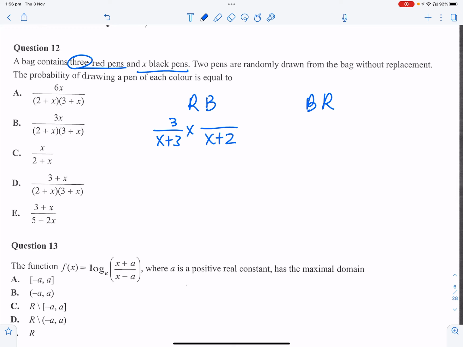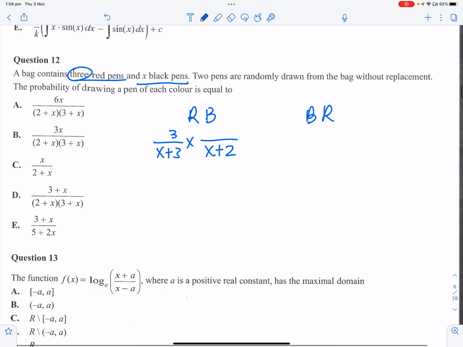And the number of black pens is the total amount minus 1. The total amount is x plus 3. Is that right? Oh, hang on. It's the number of black pens left, which is x.